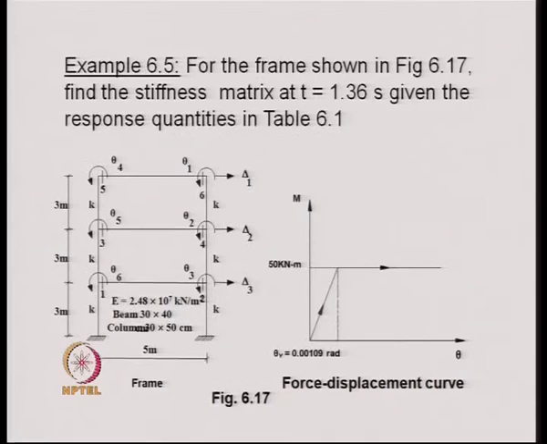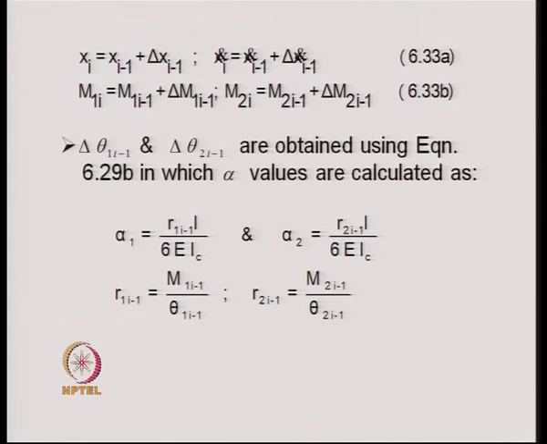In that case, the way it is to be calculated was explained in the previous slide, that is, we bring in the concept of R, and this R can be calculated iteratively, and using the value of R, one can find out the values of alpha 1 and alpha 2 to be used for generating the stiffness matrix at the time t plus delta t.